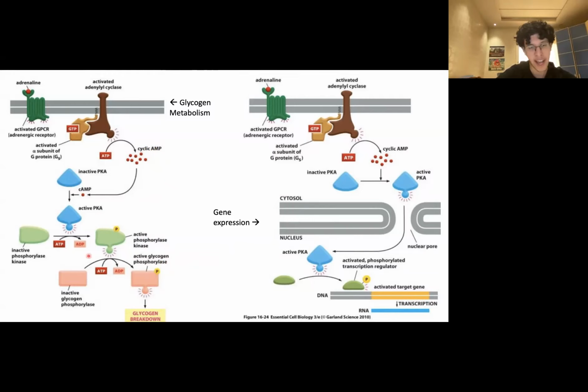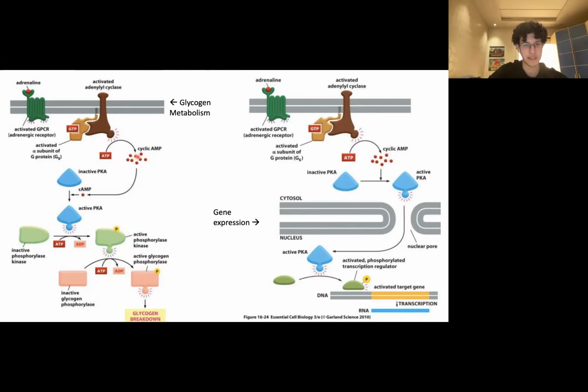The steps are not as important to know as the specific molecules involved in that process. With transcription, it could be protein kinase A, cyclic AMP, or transcription regulator. So understanding the molecules involved is more important than the steps.